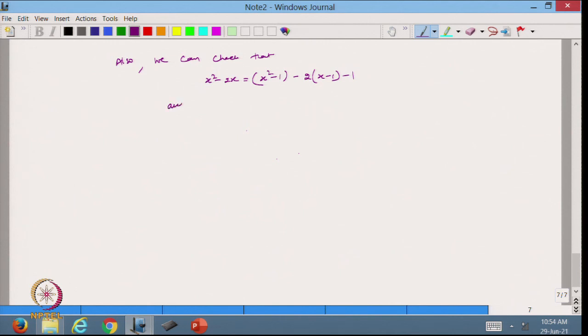And x cube minus 3x can be written as x cube minus 1 minus 3 times x minus 1 minus 2, because x cube, minus 3x, minus 1 plus 3 minus 2 will be 0.